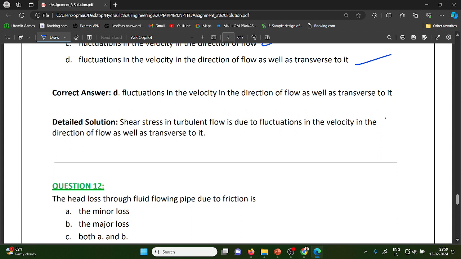So head loss through the fluid flowing in a pipe due to friction is minor, major, or both. It comes under major loss, not minor.